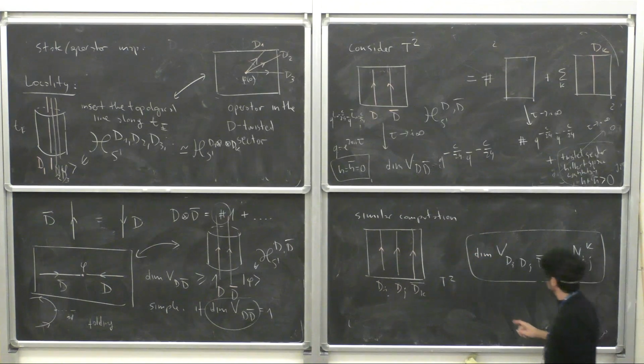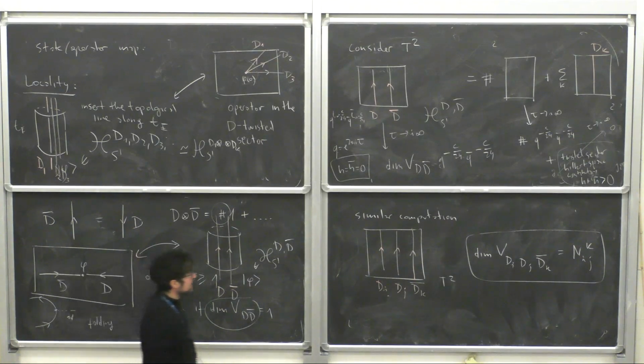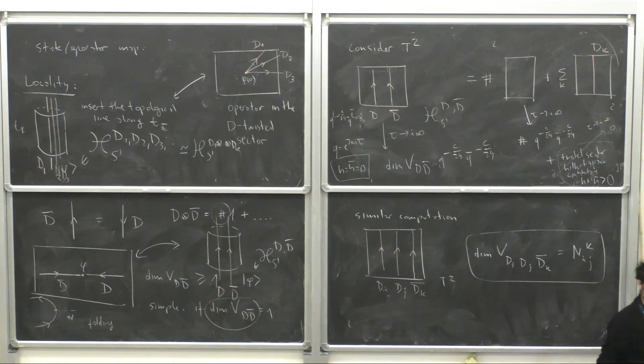So just by looking at the twisted sector Hilbert spaces, you can recover the structure of the fusion ring. You can compute it explicitly. Yes?